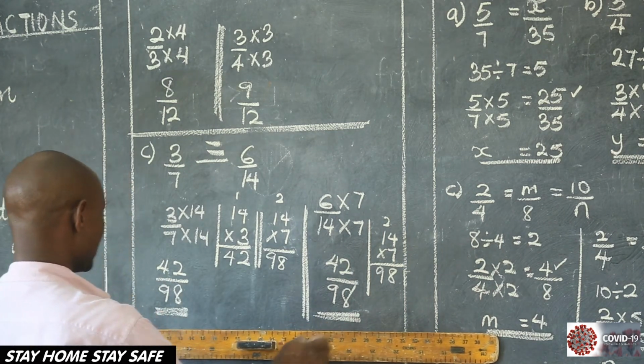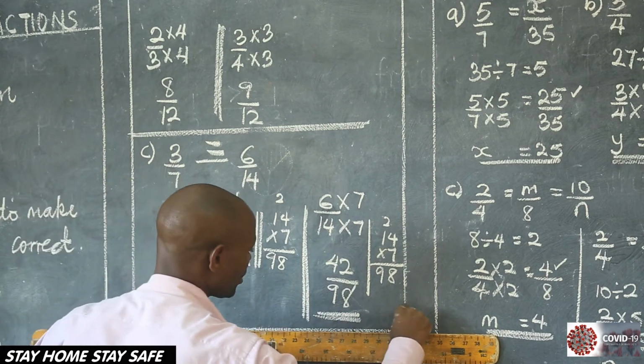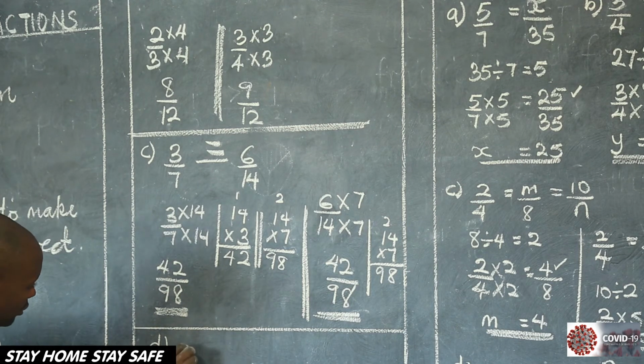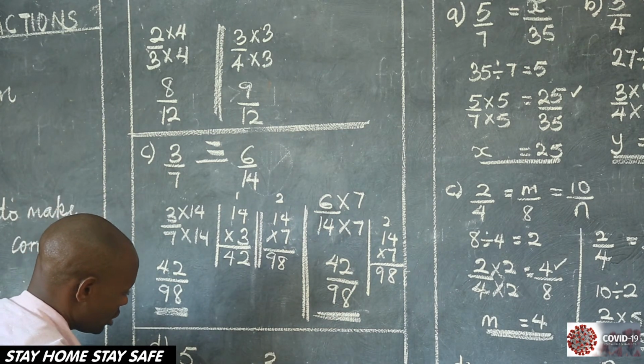Let's go to the last example. In this last example, I am going to give you another method which you can use. Assuming you have 5 sixths, then dash, 3 quarters.